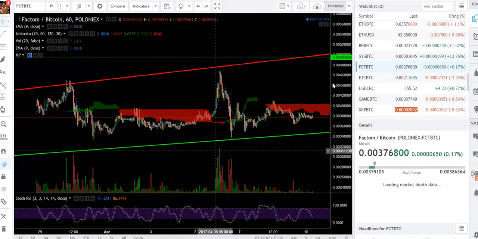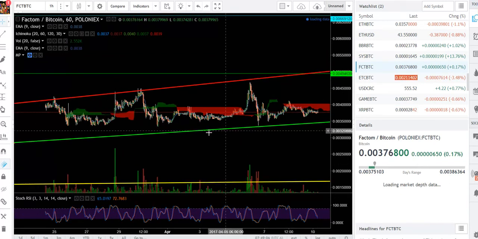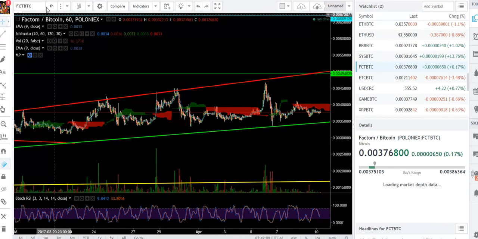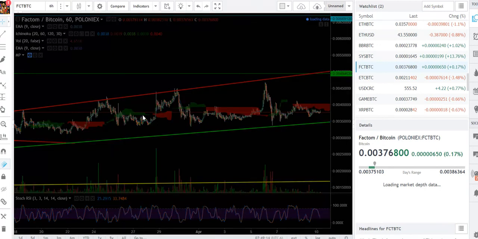And I remember when it broke right here, where is it? Oh, I must have been looking at our 6-hour. Let's see. I remember when it broke a certain level of 400, it brought in a bunch of retail traders, because I saw everybody talking about it on Twitter about trading Factum because it had made a higher high here in this line.